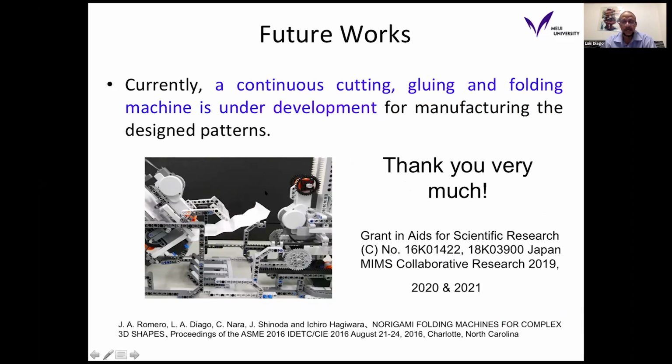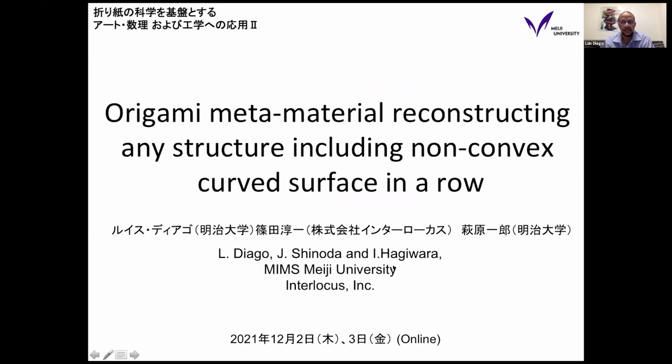In this case, we are just trying to apply the same machine to deal with the Kirigami patterns we have received. That's all. I don't know if it is too fast, or if we have plenty of time for any question.